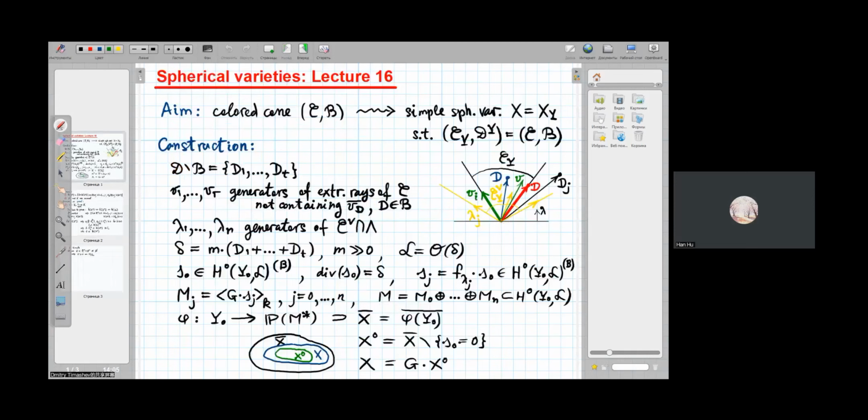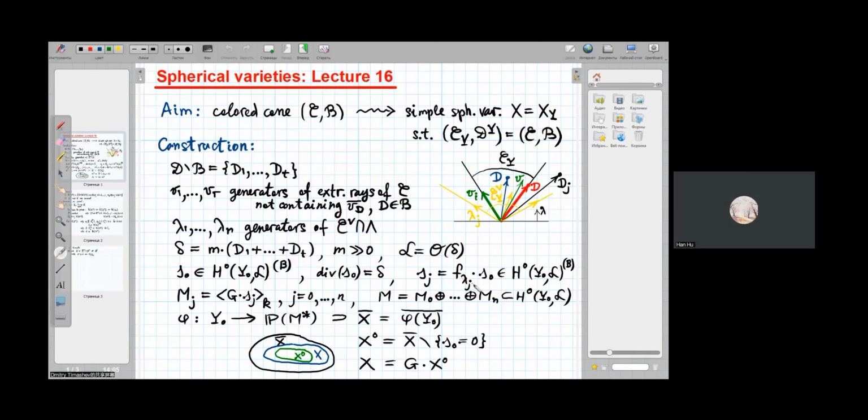And since V sits in this interior, then in particular, it takes positive values on all these lambda j's. So the pairing of V with all the lambda j's is positive. And this means that V takes positive values on all these functions f lambda j's.